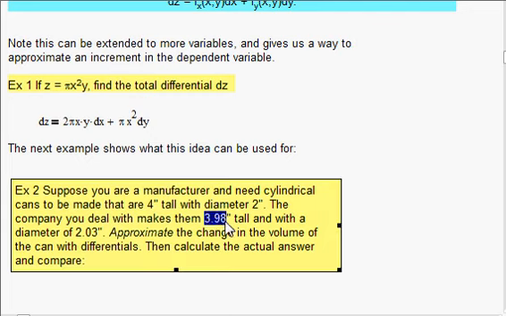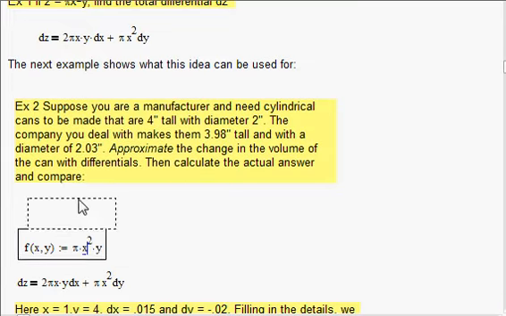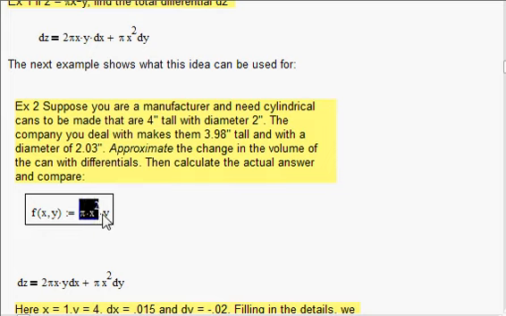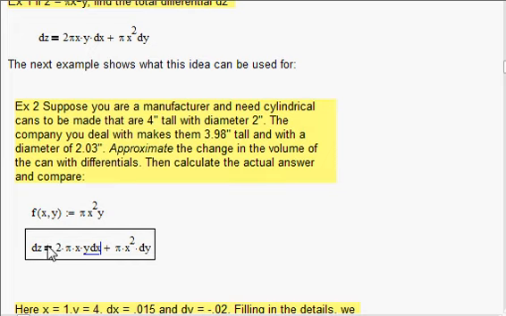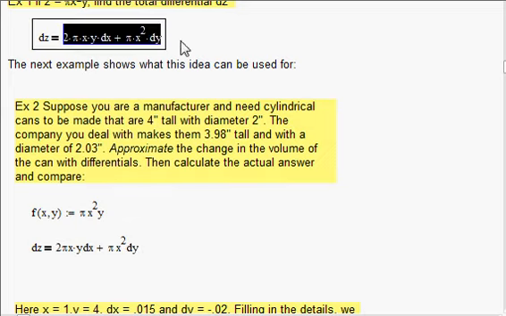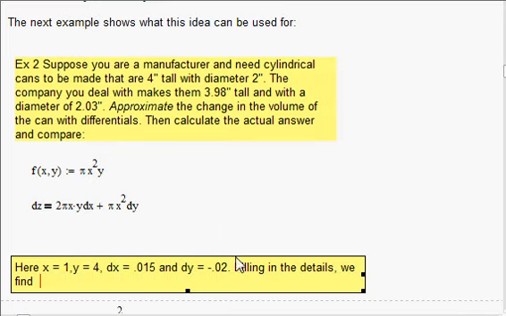I mean, based on the fact that they're not coming exactly as you specified, they're coming a little bit shorter but a little bit fatter. And then we'll calculate the actual answer and compare and see how accurate our approximation is with the approximated error amount. So our function for the volume of a can is pi r squared h, right? And so our total differential, which is what we're going to use to approximate first, is 2 pi xy times dx, we got that up here of course, plus pi x squared dy.